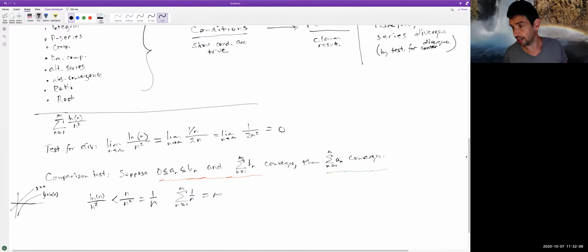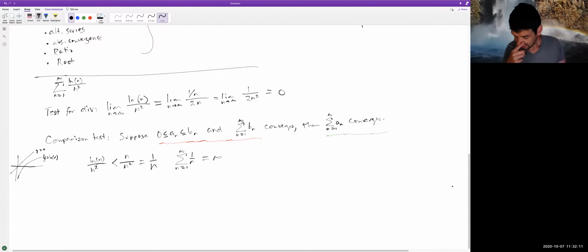Okay, let's try a limit comparison, because now I don't need to have this condition that they have this size comparison.